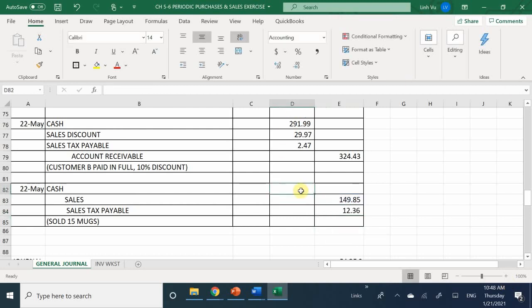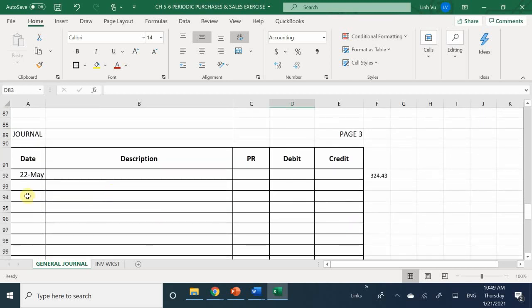So in total, how much cash are we going to be receiving? $162.21. Okay, good.